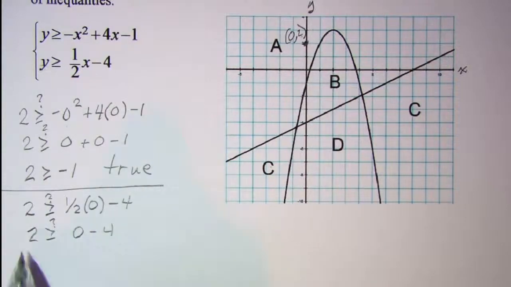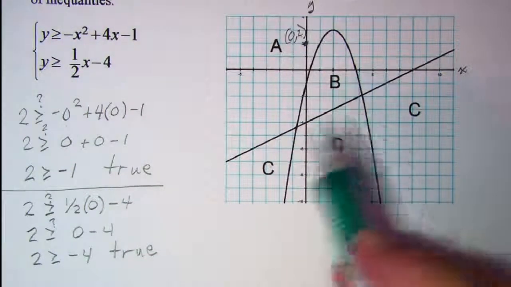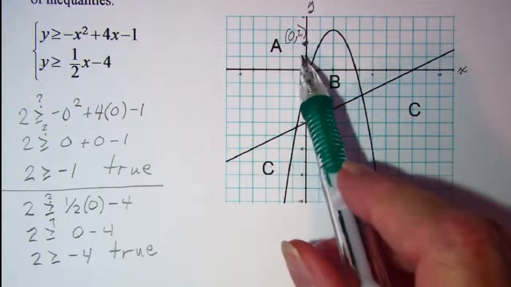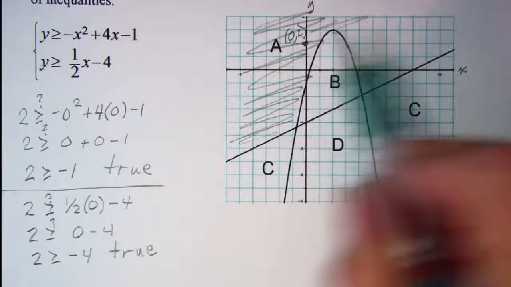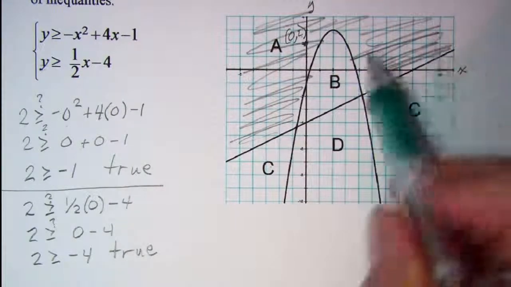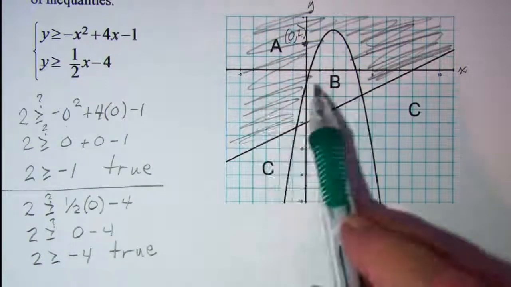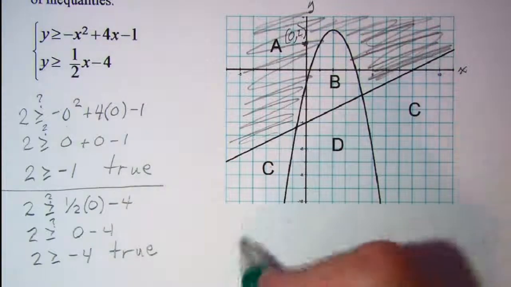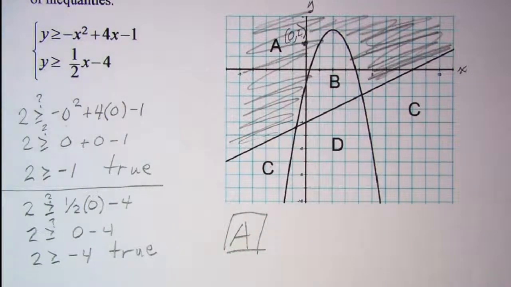And this is negative 4, so 2 is greater than or equal to negative 4, and that one's also true. So if a point satisfies both inequalities, then that point is in the solution set, and my solution set is the one designated by region A, which is above the line and outside the parabola. So we could write A as our answer.